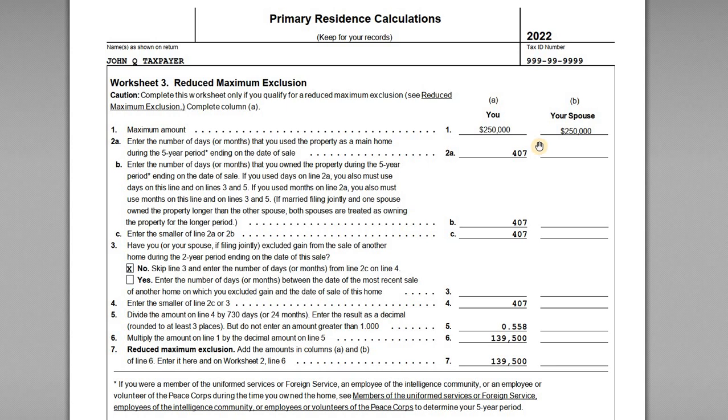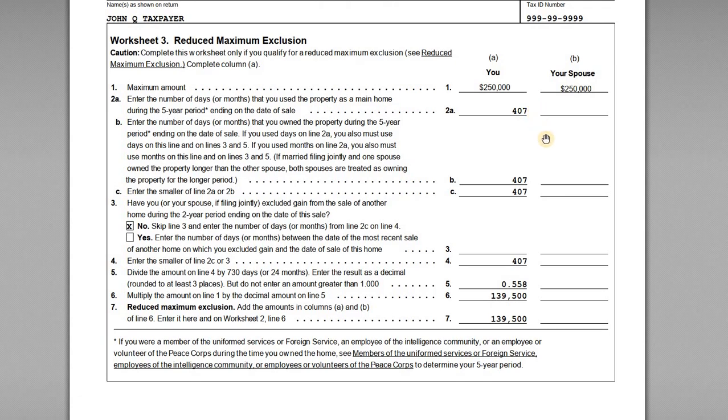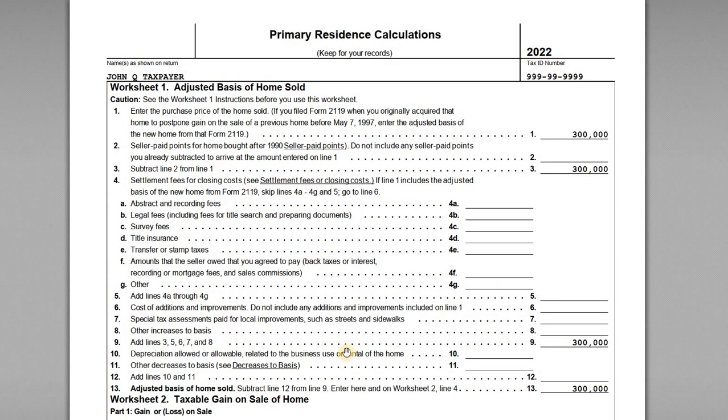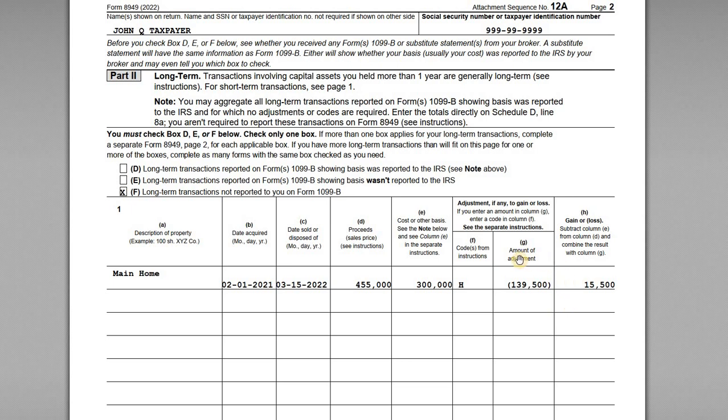But because he gets a reduced exclusion for change of employment reasons, we have to prorate the exclusion. So 407 days of qualified use results on line 5 here in 55.8% of the total maximum amount that he could get, and that's how we get a reduced maximum exclusion of $139,500. So when we look at John's 8949, he gets an adjustment for $139,500, not $250,000.